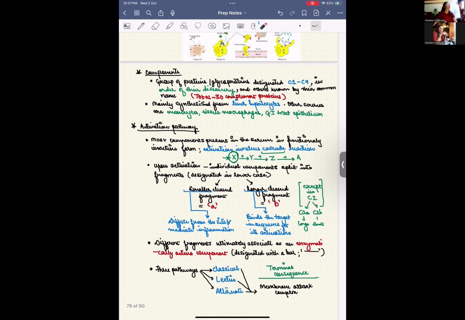There always has to be some exception for us to remember, but nonetheless, C2 is the only complement wherein C2a refers to the larger fragment and C2b refers to the smaller fragment.